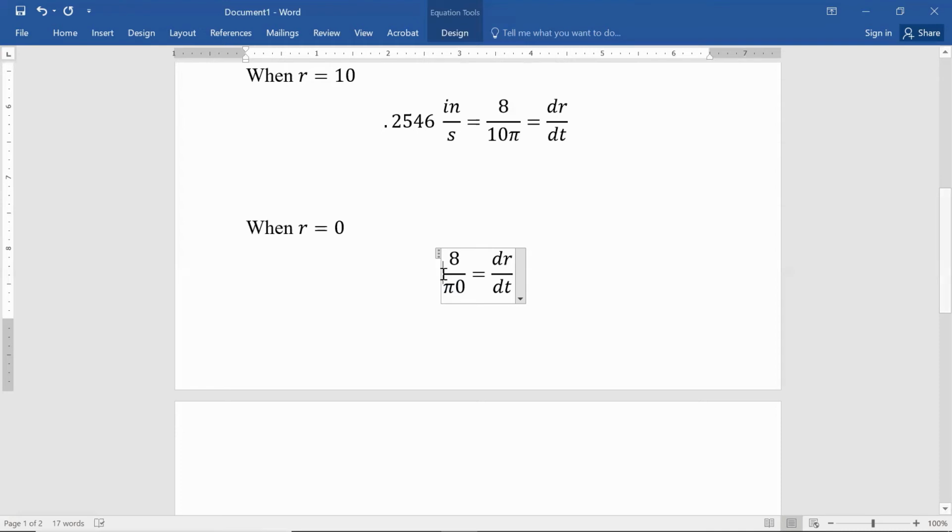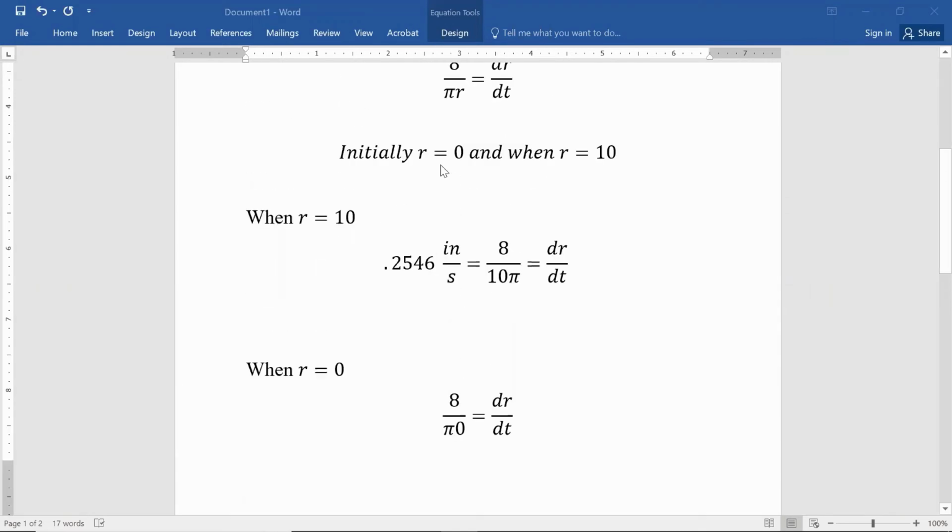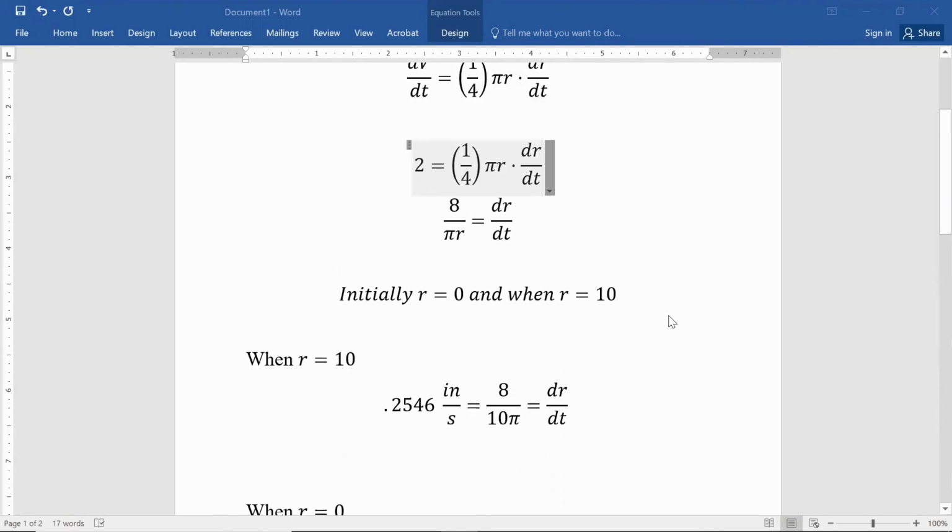That means that the radius is changing at an infinite speed, because if you think about it, going from 0 to anything is an infinite percentage change, if that makes sense. So initially, r equals 0 does not work very well. For that reason, we try to avoid using the initial radius of 0 in our calculations.